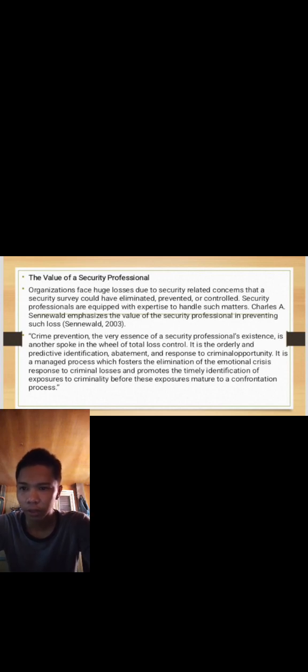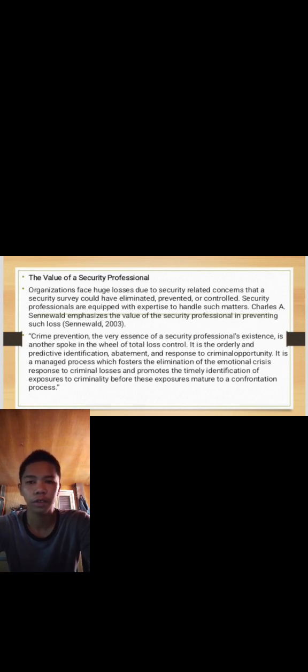It is a managed process which fosters the elimination of the emotional crisis, responds to criminal losses, and promotes the timely identification of exposure to criminality before this exposure matures to a confrontation process. So, as you can see, it emphasizes the value of security professionals in preventing and controlling losses due to security-related concerns. The role of security professionals.